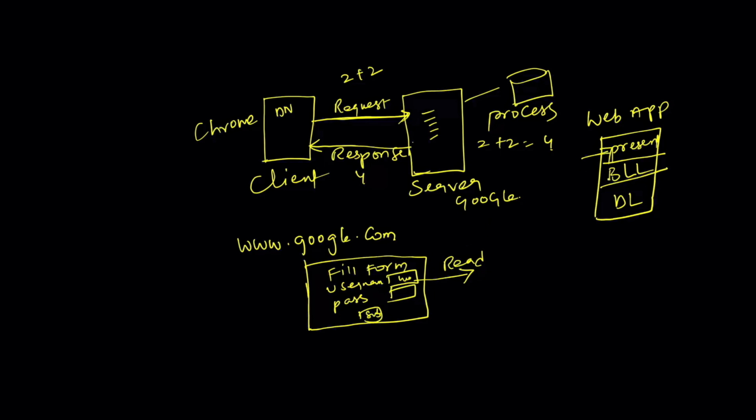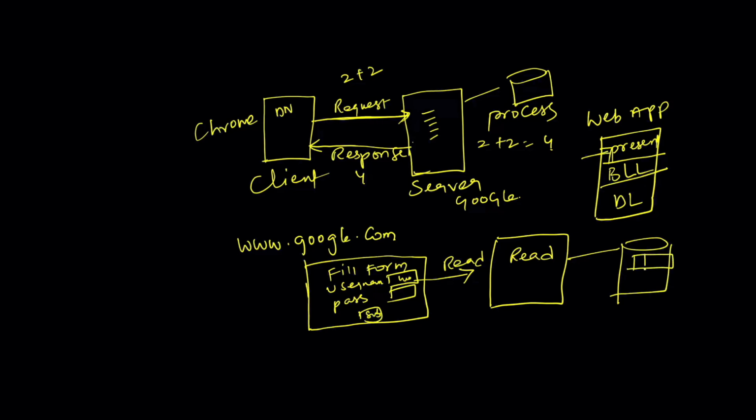What the business layer will do is read the data from this form and send the data to the database server. It creates a table here and stores the data in this database, like the username, the password and everything, for future retrievals.